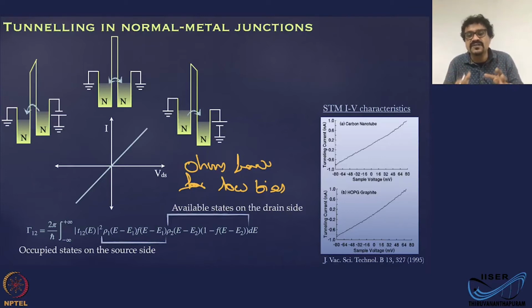In that case, you will see a response from the system, which is basically a map of the density of states of the other side, whichever has gaps in the density of states. Whatever I just told will be apparent in a minute. So this is the general mechanism of charge carrier tunneling.